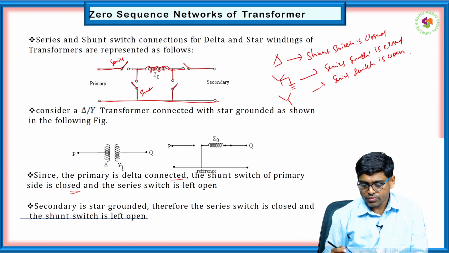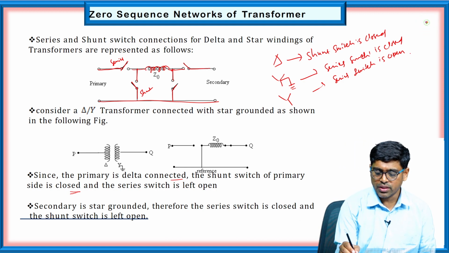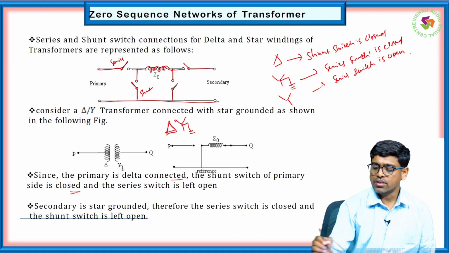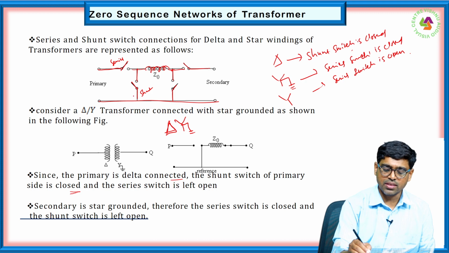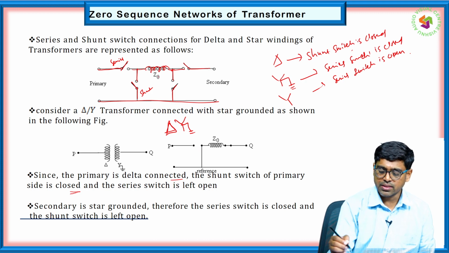Based on these series and parallel connections, we can see the example of delta-star grounded. On the primary side, delta means the shunt switch is closed, and it is Z0. The star is grounded, so this one is closed.